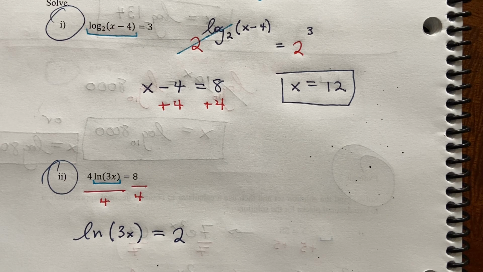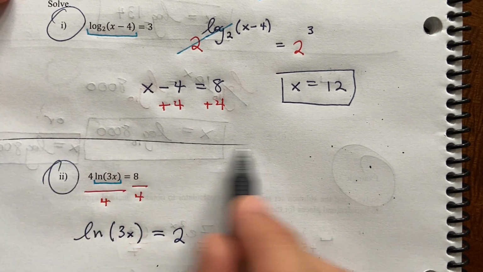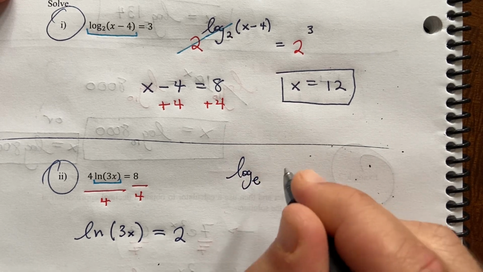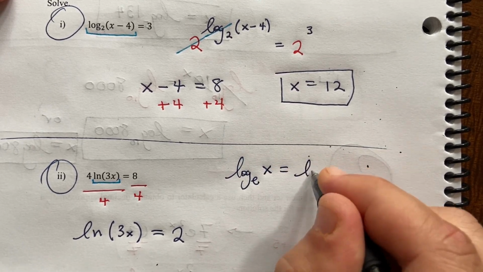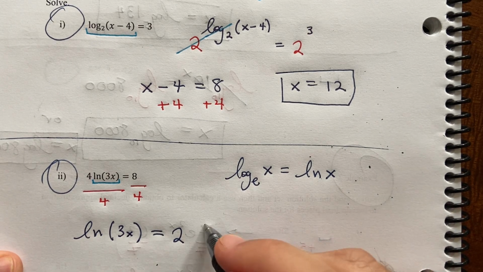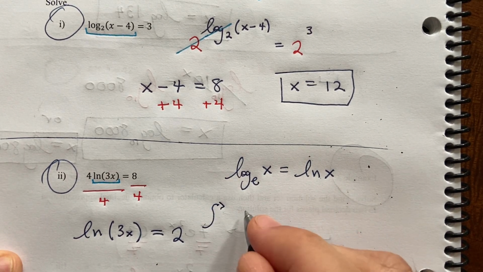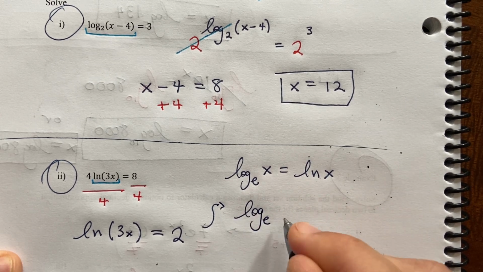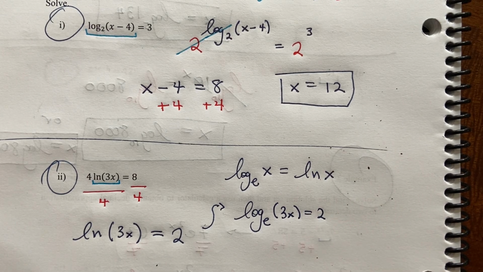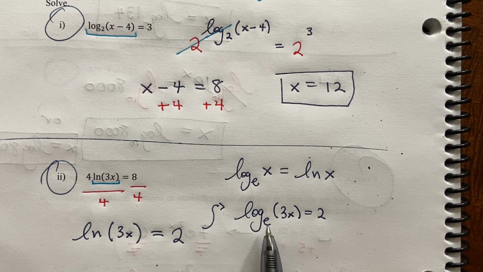As I was saying before on a different page, when you have log base e of x, that's the exact same as ln of x. So this equation here is the same as log base e of 3x equals 2. So it's a base e that we're working with.